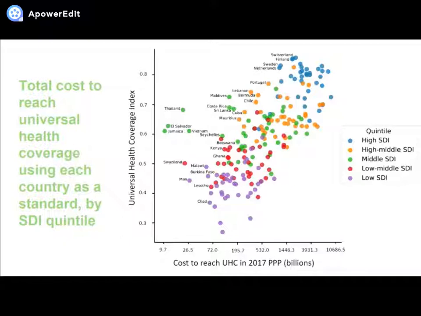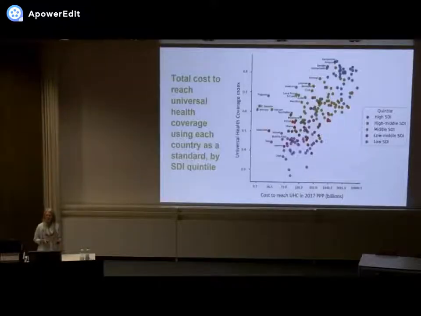And you can see Thailand, Maldives, Lebanon, Portugal, Netherlands, Sweden, all create this frontier of efficient health systems for producing UHC. For our estimates, we use the Netherlands as a standard, but a country could choose one of these frontier combinations of outpatient visits and admissions for their standard.